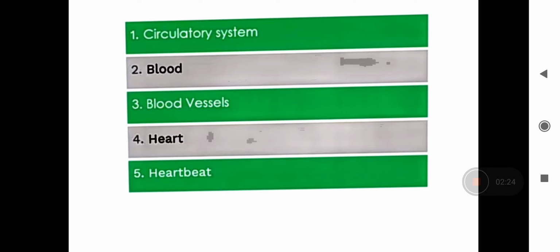This food is digested and absorbed by the blood from the small intestine. The blood is like a transport mechanism. It is like a vehicle, like a bus that carries that glucose to various body cells.